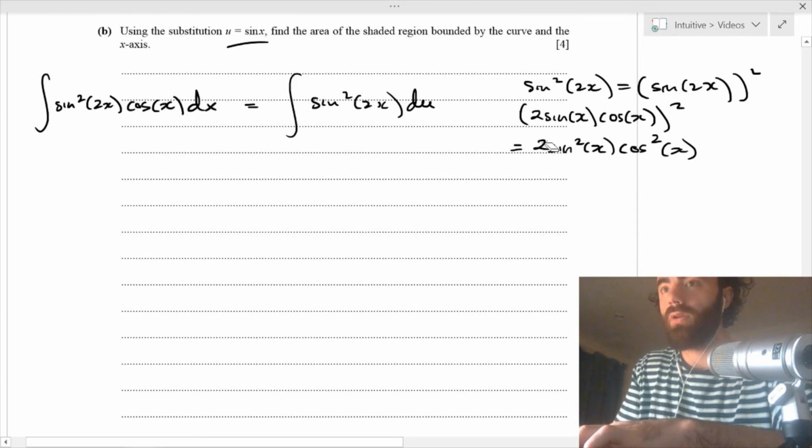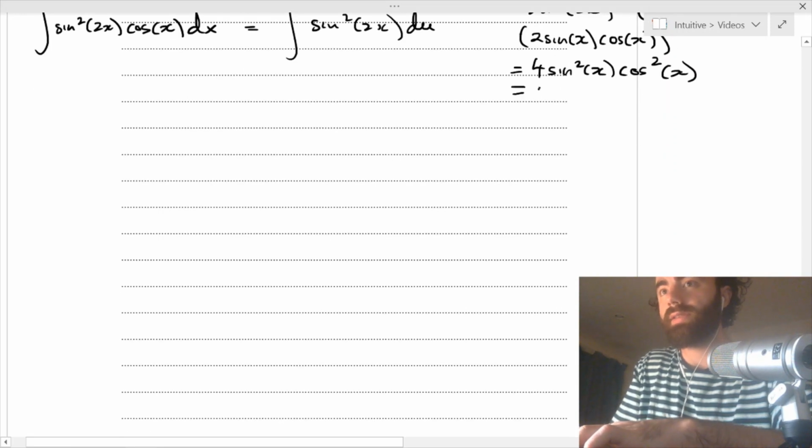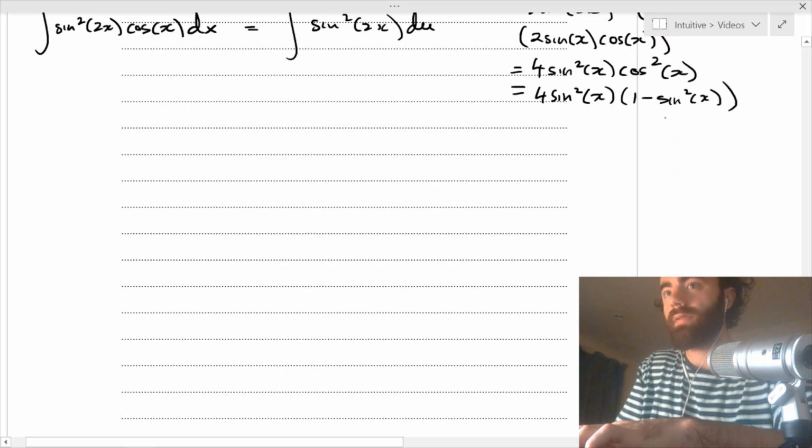Oh no, 4, almost made a mistake, squaring it. Okay, and cos squared x is equal to 1 minus sine squared x, so I'm changing everything into sines, which equals 4 sine squared x minus 4 sine to the 4 x.